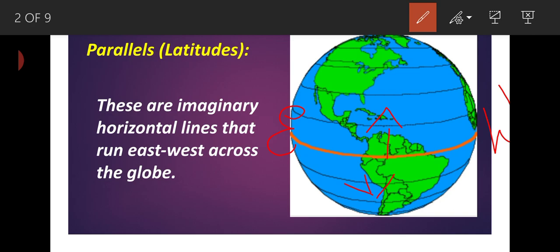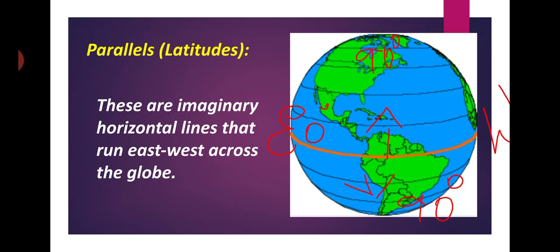So, they are measured from 0 degree to 90 degree in both the hemispheres. And this 0 degree latitude is nothing but the equator. This is the longest latitude located on the globe.